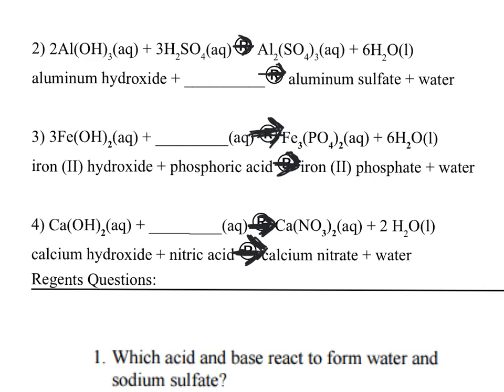Cool. All right. So we've got 2Al(OH)3, 3H2SO4, we've got Al2(SO4)3, and we've got 6H2O. So it tells us all the names down here at the bottom as well. Aluminum hydroxide plus something gives us aluminum sulfate and water. So the easiest way to do it, again, is just to look at which is an acid, which is a base. If you go on table K and table L, it should tell you aluminum hydroxide is our base, because it has the OHs.